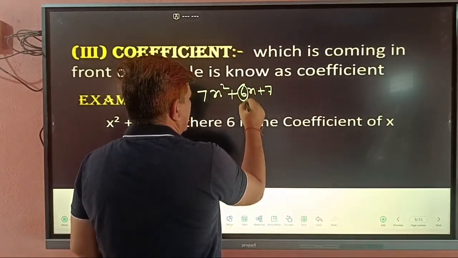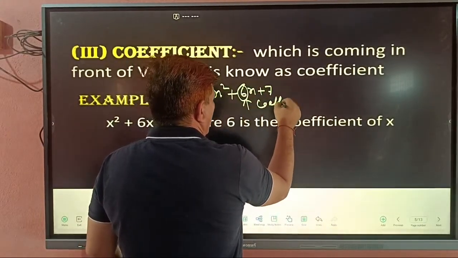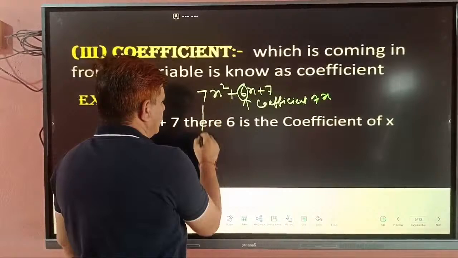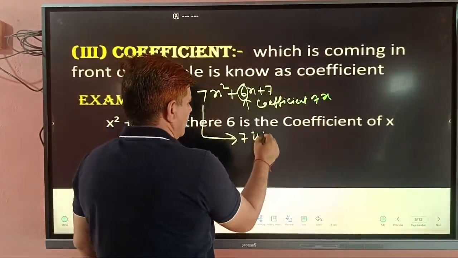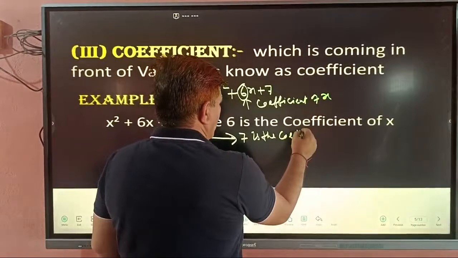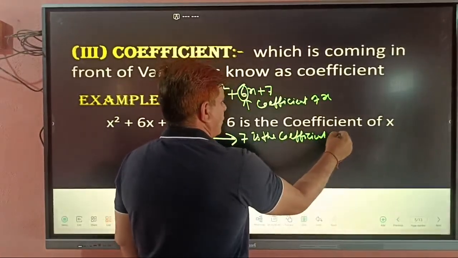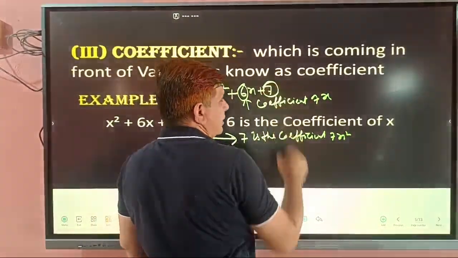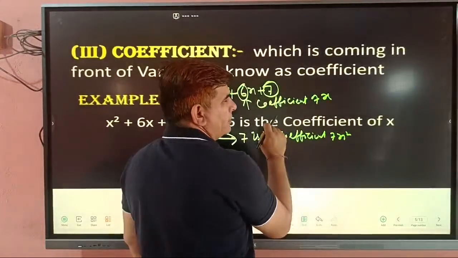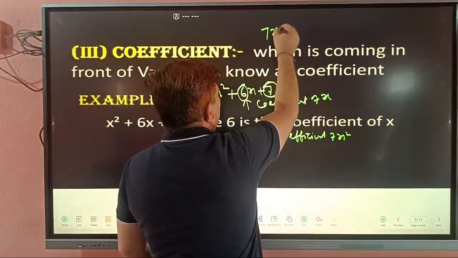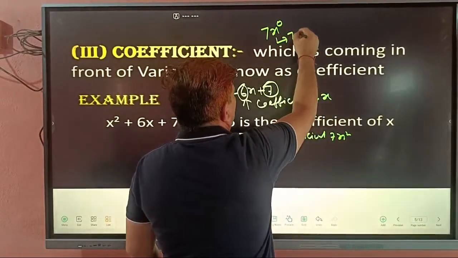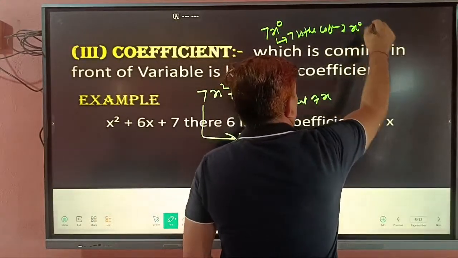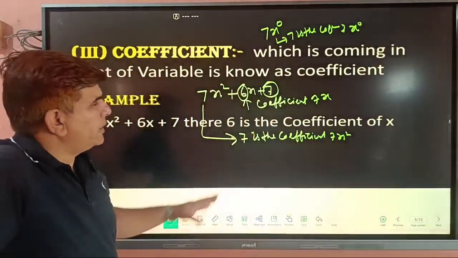Here 6 is the coefficient of x. What about 7? 7 is the coefficient of x square. What about this last one? Is it also a coefficient? Yes, we can write the last one as x power 0. So we can say 7 is the coefficient of x power 0. All these are constants also.